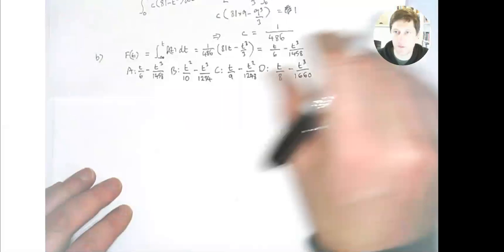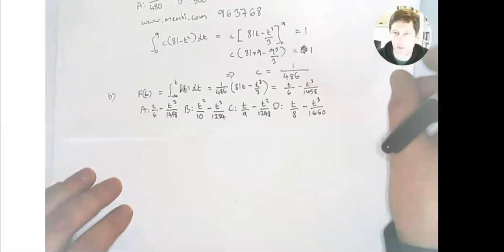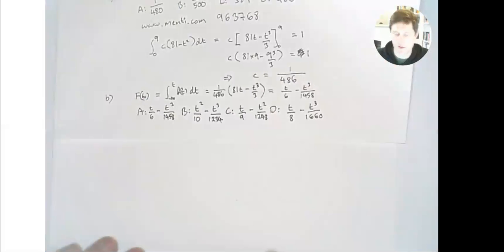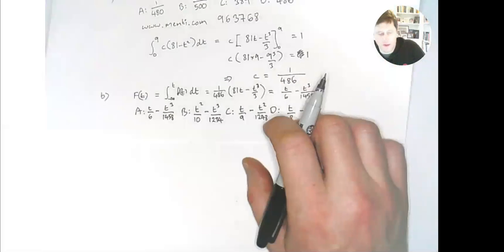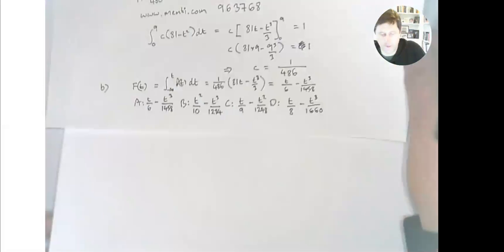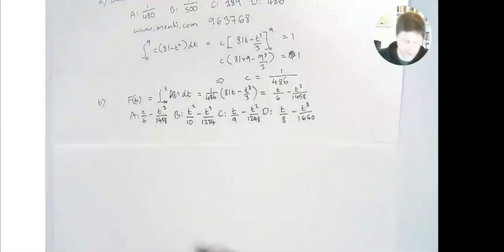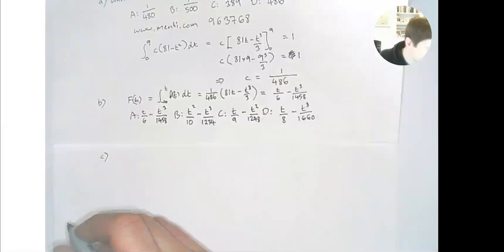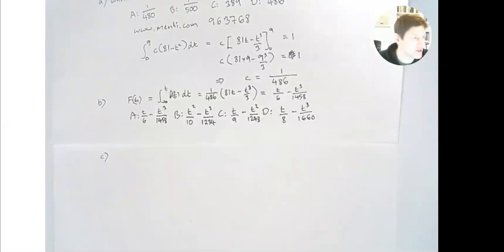So for the next question, I'll leave those results there so you can see them. So now we want to work out a few things that might be useful. So the next question.